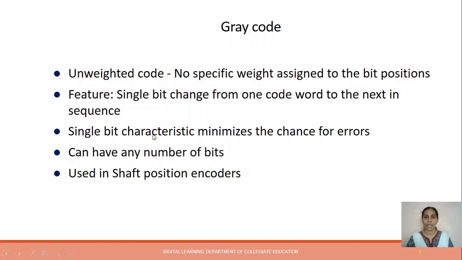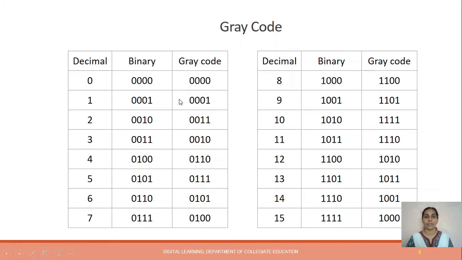The single bit characteristic minimizes the chance of errors, and it can have any number of bits. The main application is in shaft position encoders.